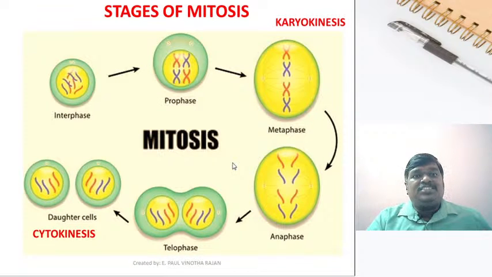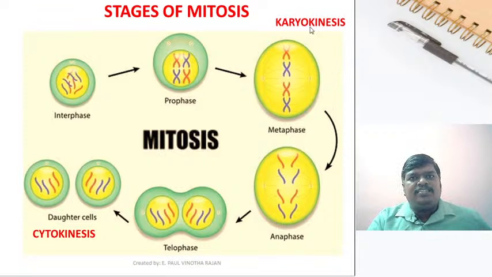Next we are going to talk about the stages of mitosis. Interphase is the starting phase. Then prophase, metaphase, anaphase, telophase. These four phases come under karyokinesis.